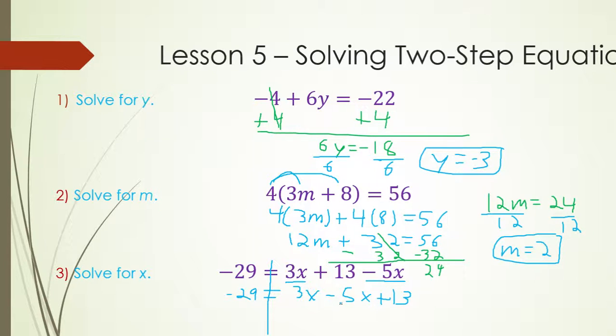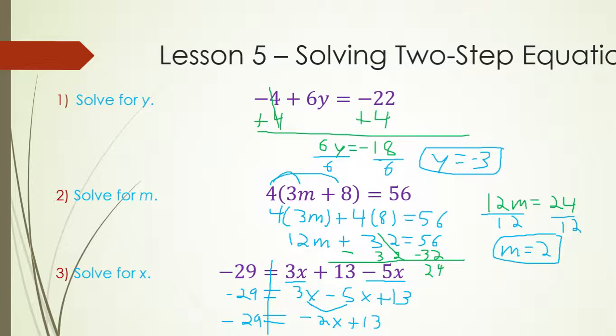So what is 3 minus 5? And then we just attach the x to it. What's 3 minus 5? Yeah, when we combine those two, we end up getting negative 2x plus 13 equals negative 29.